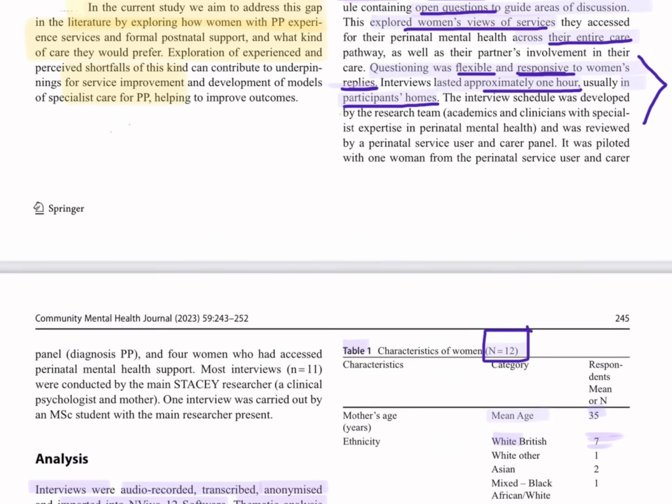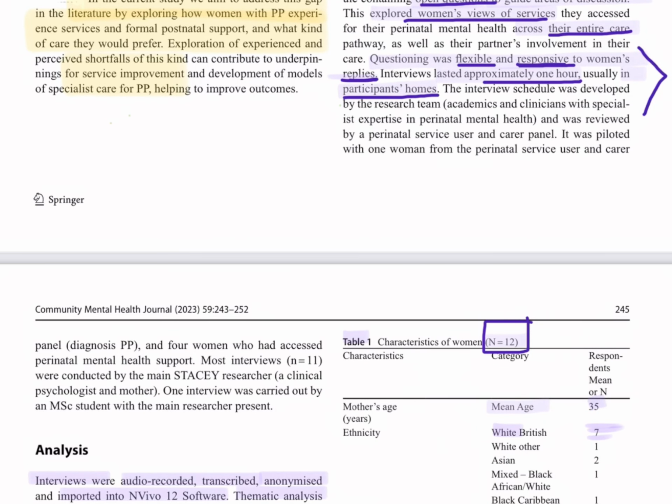The data collection for this qualitative study was semi-structured interviews, which means the questions are open-ended. That means that the respondents can answer and speak freely after each question. The questions explored women's views of the services that they received across their entire care, from pregnancy to childbirth and after.